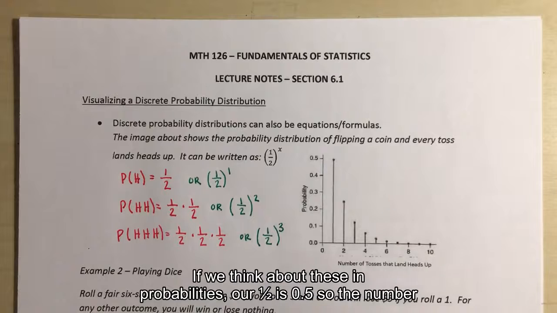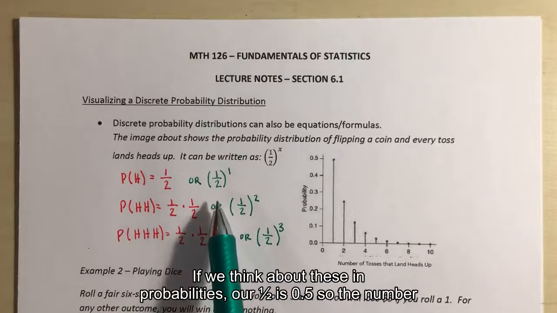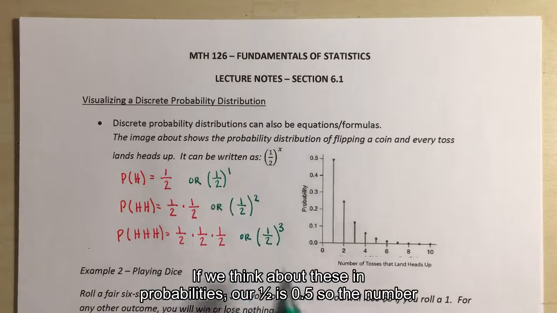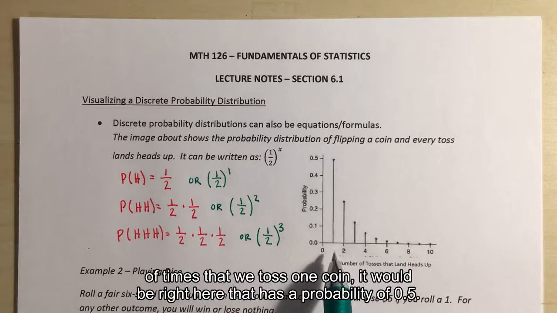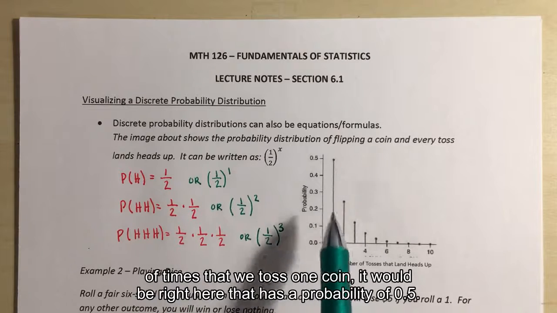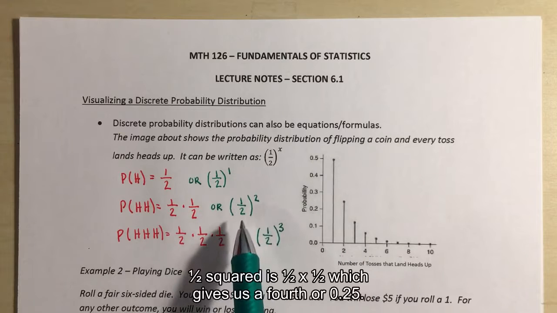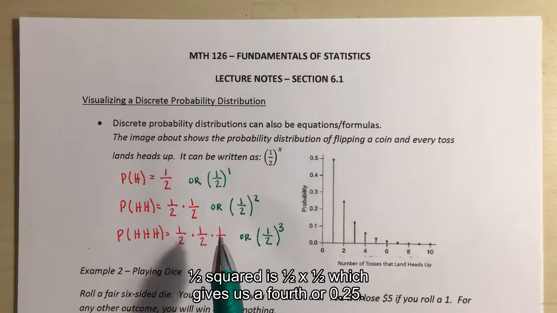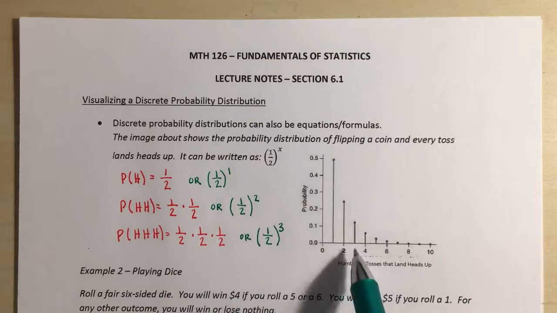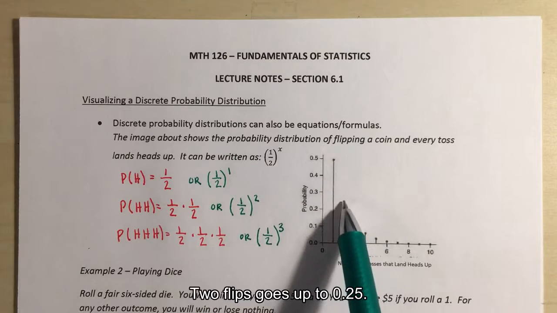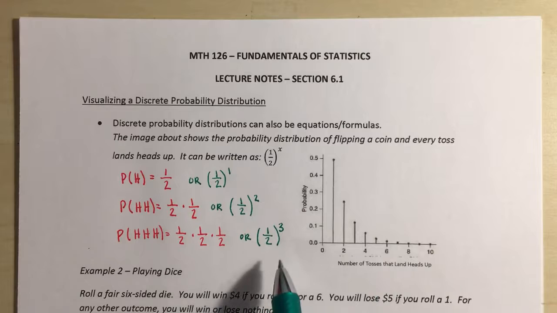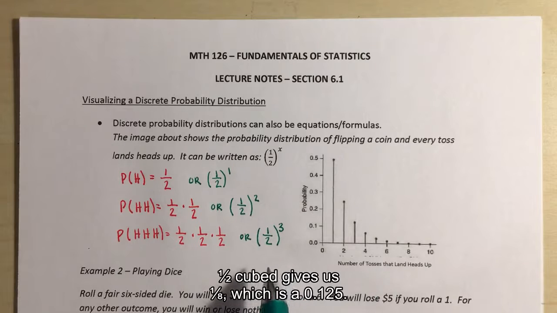So if we think about these as probabilities, 1/2 is 0.5. So the number of times that we toss one coin, that has a probability of 0.5. 1/2 squared is 1/2 times 1/2, which gives us 1/4 or 0.25. So 2 flips goes to 0.25. 1/2 cubed gives us 1/8, which is 0.125.